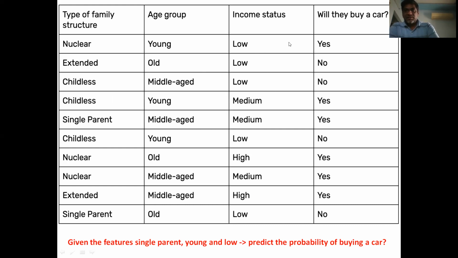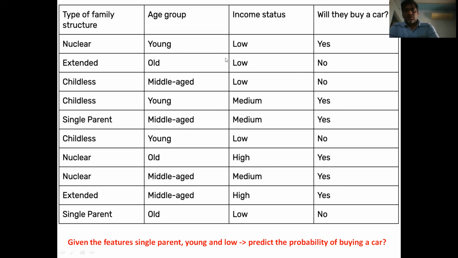Based on these features, it is classified into one of two categories: whether they can buy a car or not. The answer will be either yes or no. So there are two output categories here, based on the three given features: type of family structure, age group, and income status.